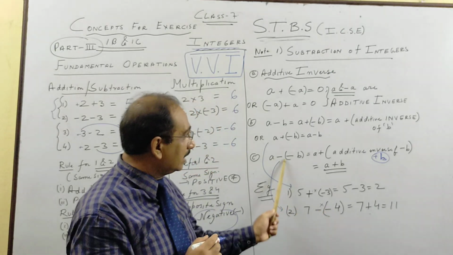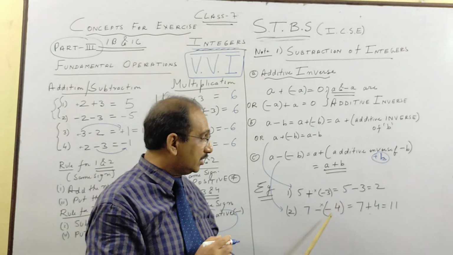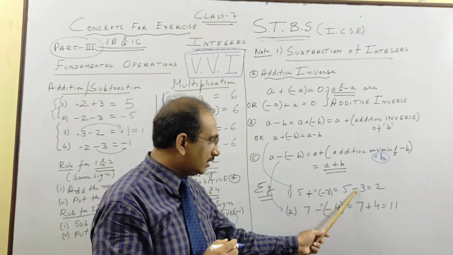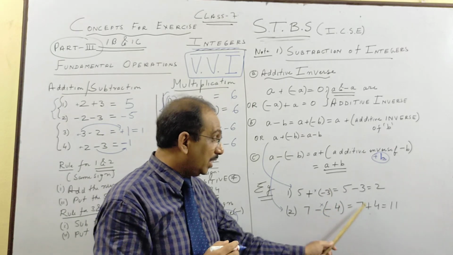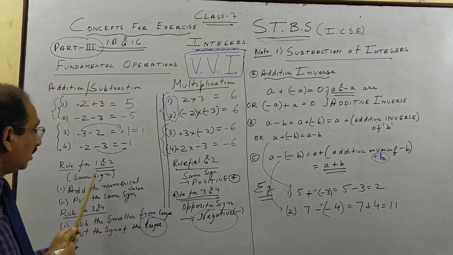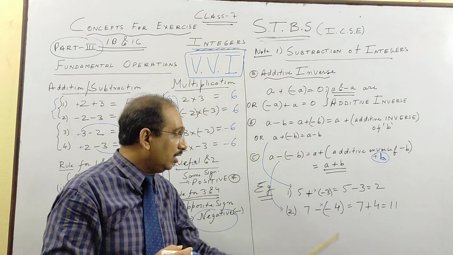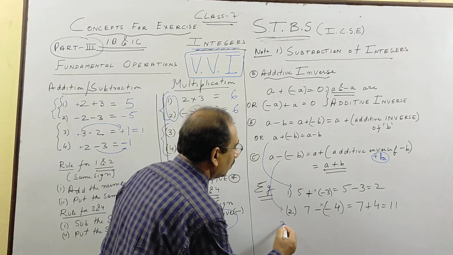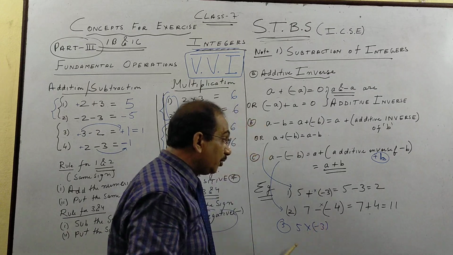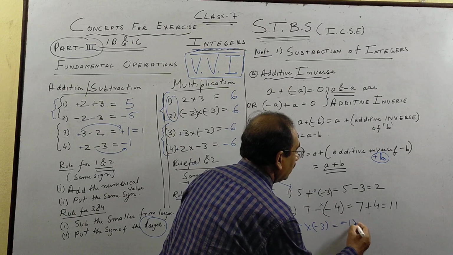But the real logic is that we add a number plus additive inverse of the other number. But this is a shortcut. Plus minus minus and minus minus plus, only for sign, because this is subtraction. You don't multiply 5 3s are 15. Same thing, if you have 5 into minus 3, if you really multiply the number, answer will be minus 15.